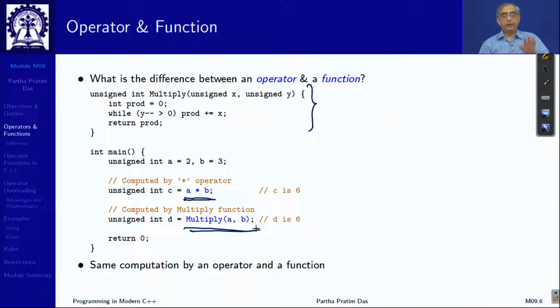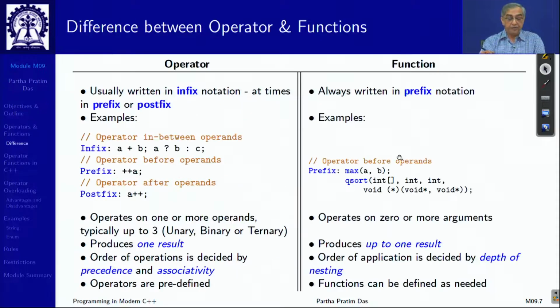Both of them do the same thing, they will give you the same result. One you call the operator, the other you call the function. So, what is the basic difference? I do not know if you have ever come across this question, but this is a profound question to answer. You can wait at this point before you proceed with the video and try to think of the answer, but you will get the answer here.